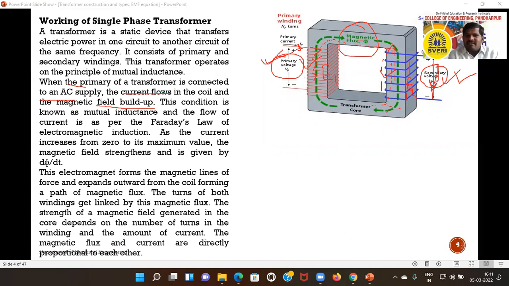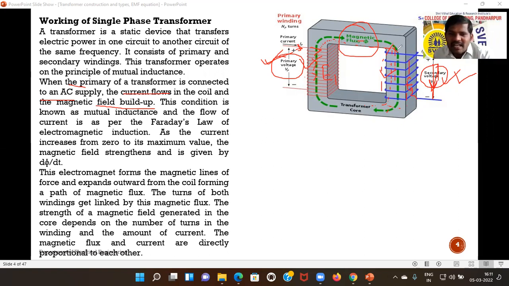Due to that secondary current, when it flows through this secondary coil, it again produces some flux.